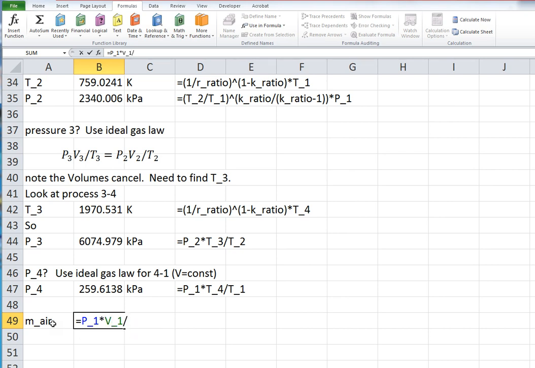At state 1 we know the pressure, the volume, and we know the temperature. But we need to know the ideal gas constant. Yeah, I'll just do it this way. But that gas constant is equal to 0.287.